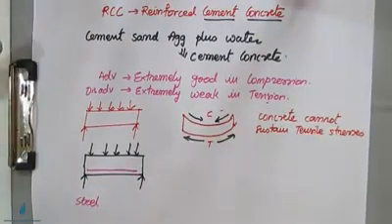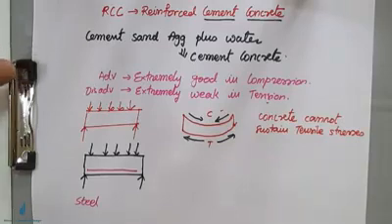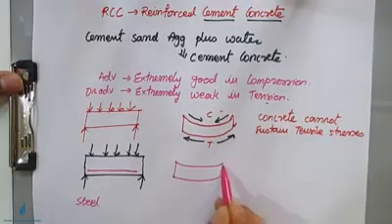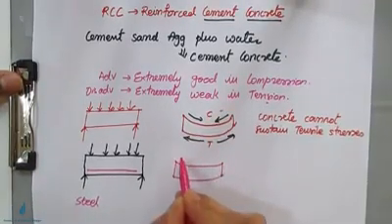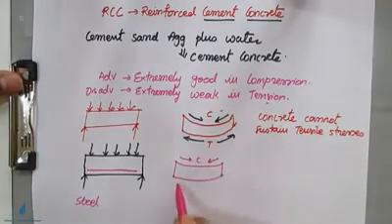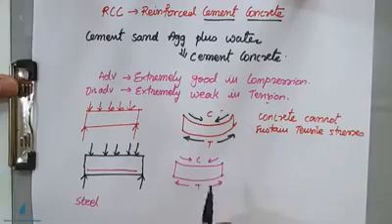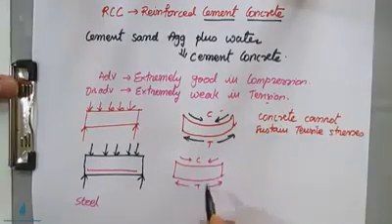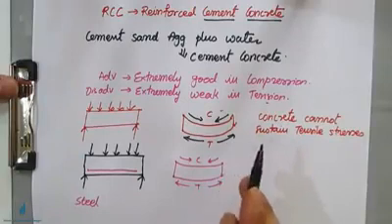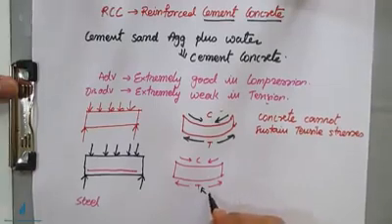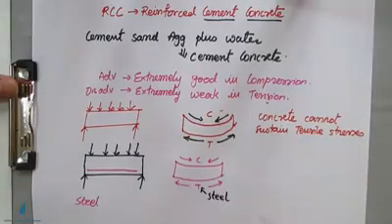Now the beam will again undergo bending, in the same way. This is in compression and this is in tension. But after inserting this steel rod, whatever amount of tension the concrete was not able to take is taken care of by the steel which is reinforced in the cement concrete. Understood?